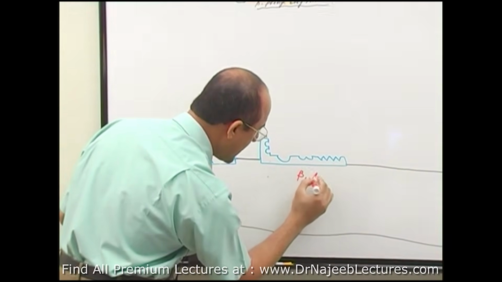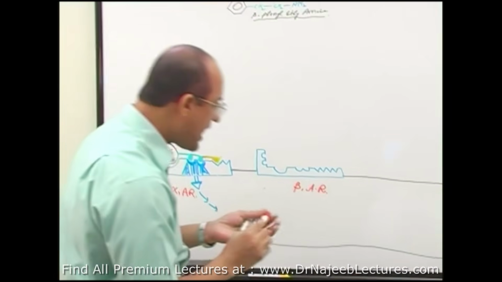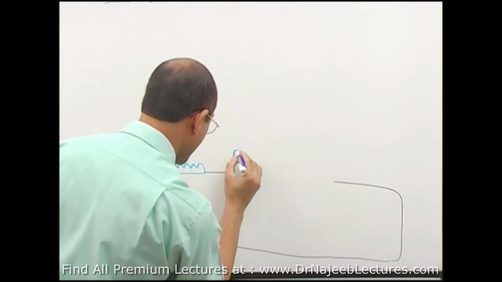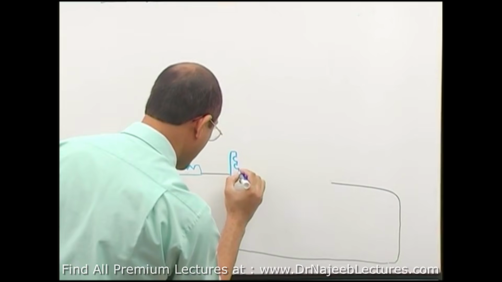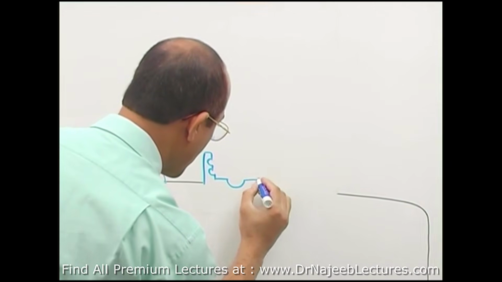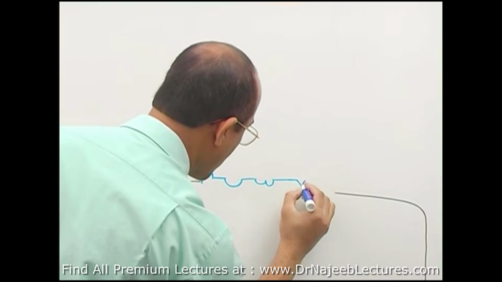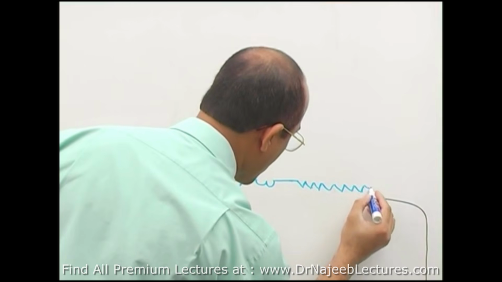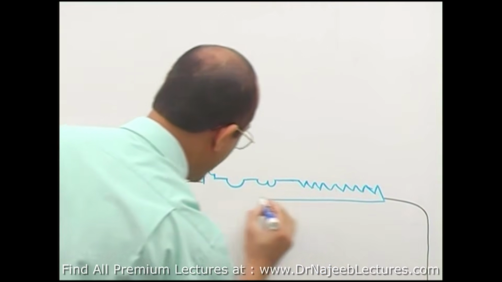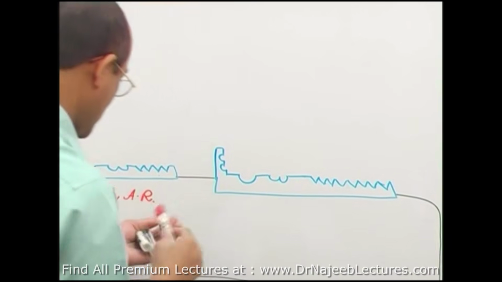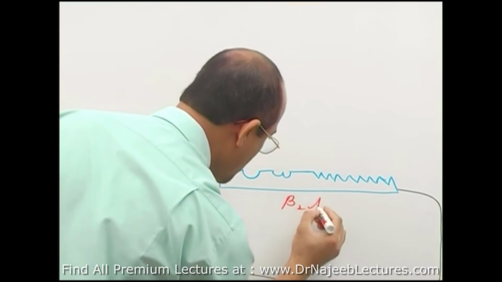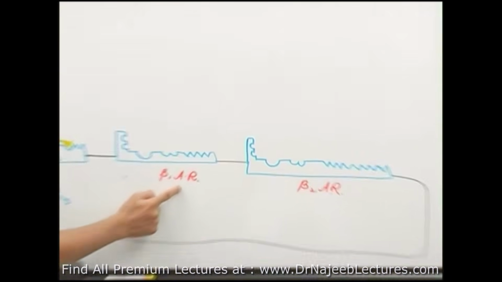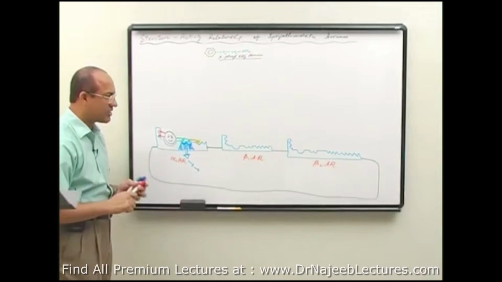This is the beta 1 adrenergic receptor. And now I am going to draw the beta 2 adrenergic receptor. Yes, this is the beta 2 adrenergic receptor. Alpha 1, beta 1, beta 2 adrenergic receptors.